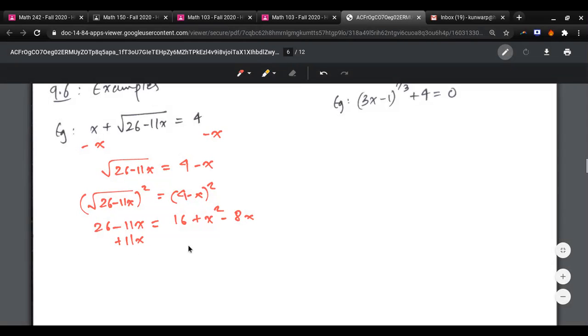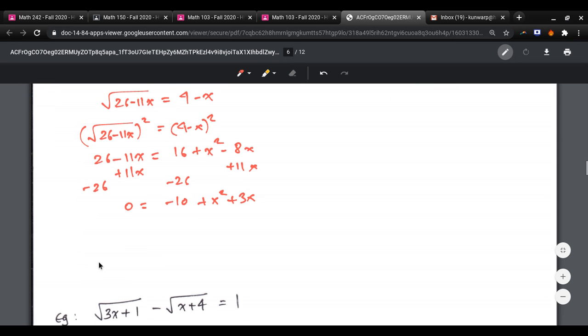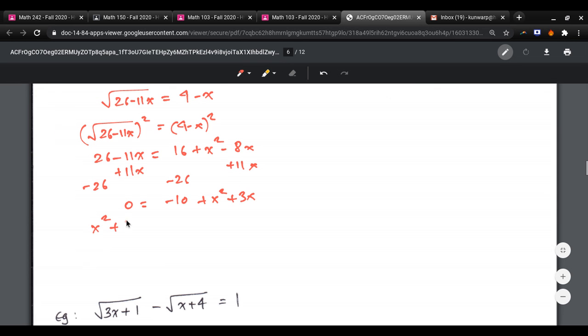So you can get rid of all the terms on the left side and add them to the right side. So you get 0 equals negative 10 plus x squared plus 3x. Or in other words, I have x squared plus 3x minus 10 equals 0.